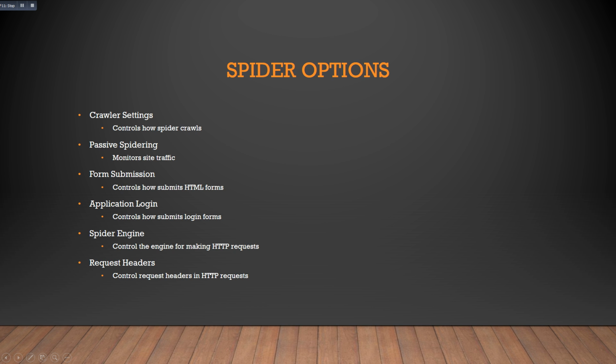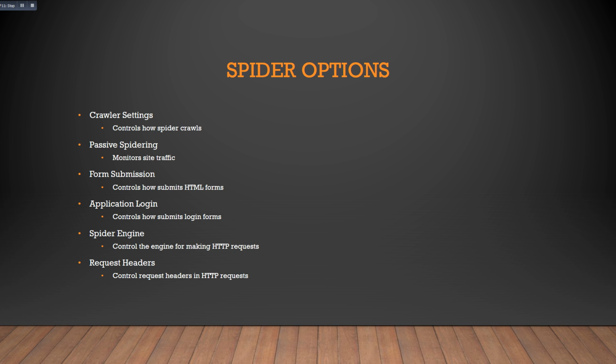Under your spidering options tab, you have crawler settings, passive spidering, form submission, application login, spider engine, and request headers. The crawler settings control how the spider crawls through the site when spidering. The passive one monitors site traffic, so it's going to do it in a passive mode while monitoring.